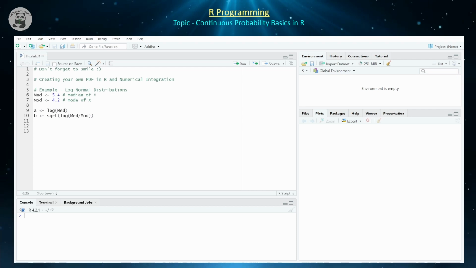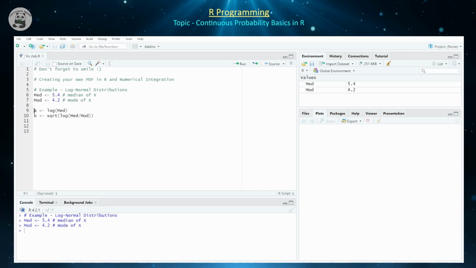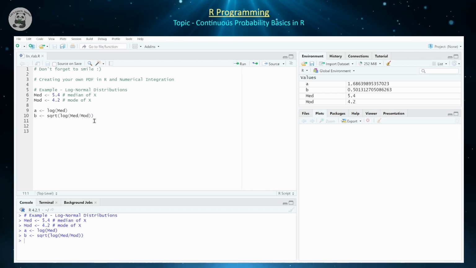So let's assume that we have a median of 5.4, let's say the length of your hair strands, and a mode, or a most frequent value, of 4.2 in terms of the length of your hair strands, right? And obviously there are some transformation parameters A and B, which are going to be used in the implementation of the log normal PDF. If you do not know what these are, that's perfectly okay, but these are associated with theoretical understanding of the log normal PDF.